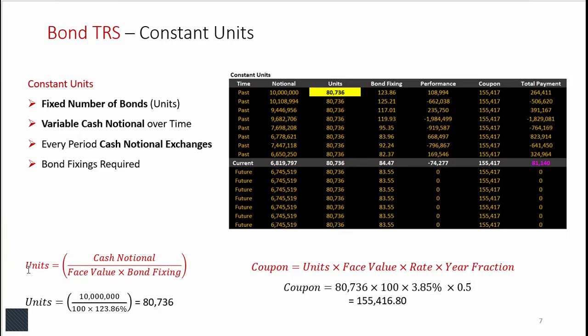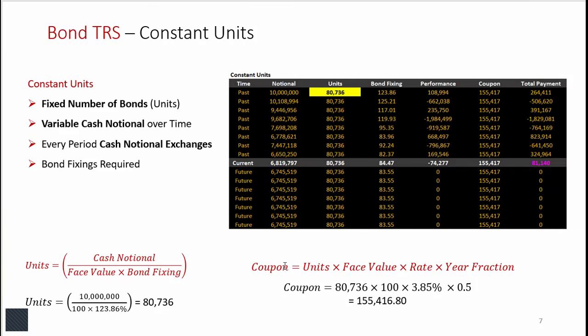The units are calculated as the cash notional divided by the face value of the underlying bond, which is typically 100, times the bond fixing. For a 10 million US dollar notional, with a bond price of 123.86, you get 80,736 as the number of bonds, and that's going to be the constant bond units in this case.